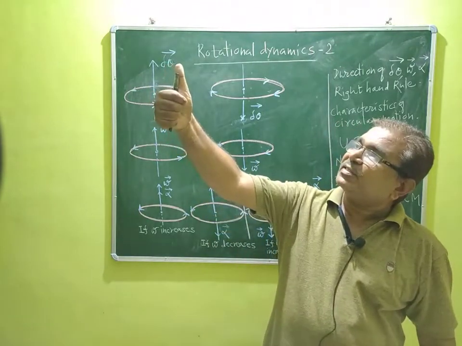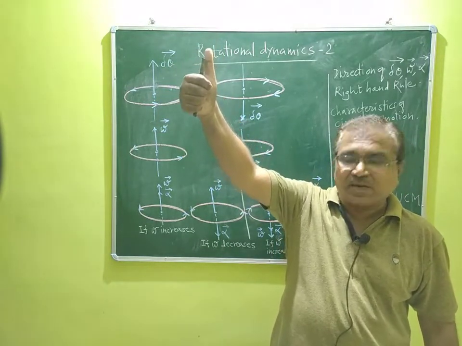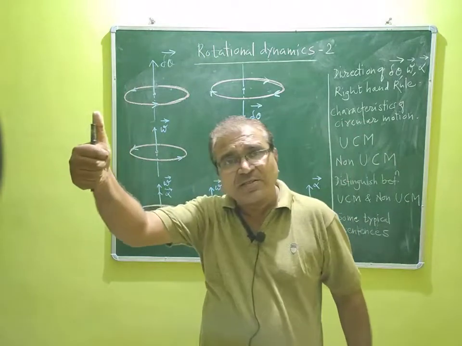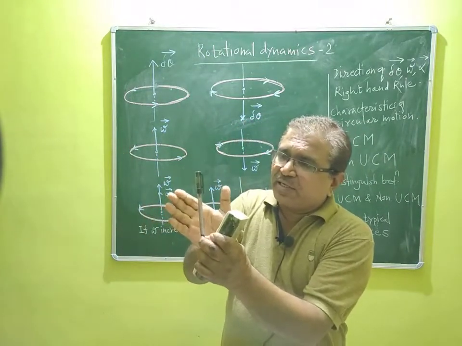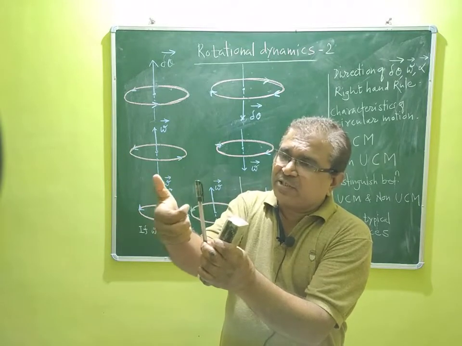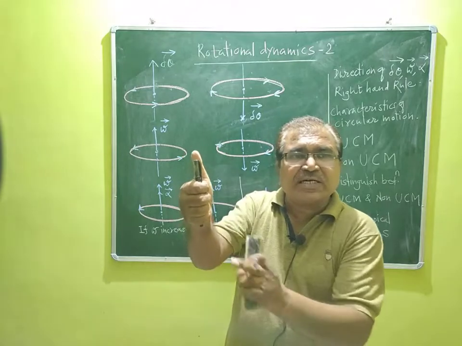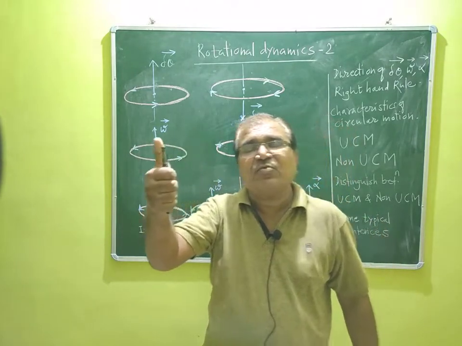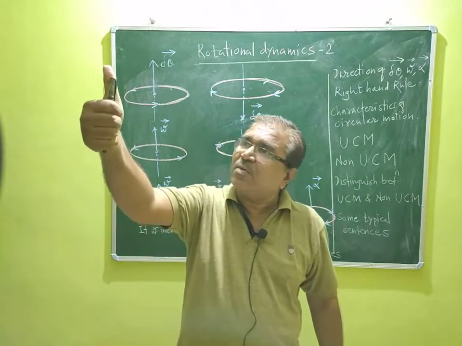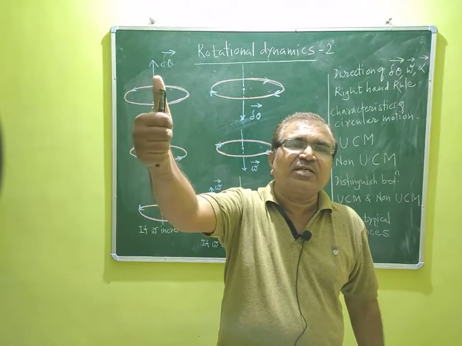At that time this thumb is outstretched in the upward direction. So the direction of the motion is indicated by these four curled fingers around the axis of rotation, and the thumb indicates the direction of the angular displacement.